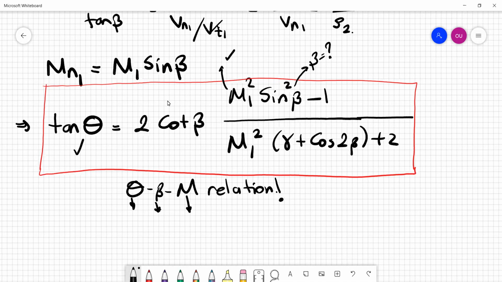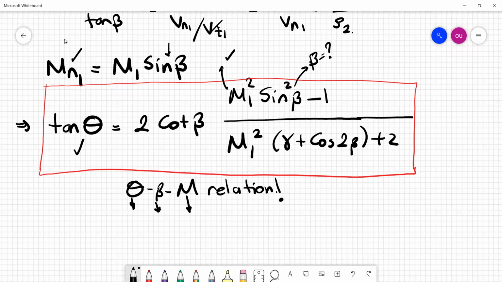So given a certain geometry and given a certain flight Mach number or free stream Mach number, I need to use this equation to find the shock wave angle. Why is this important? Because if I know shock wave angle beta, I can put it into this equation and calculate the normal component of the incoming Mach number.